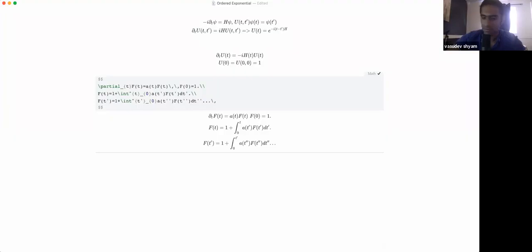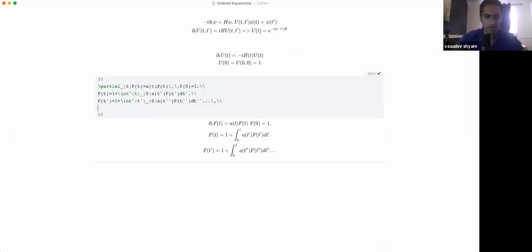So let's put these steps together. I'll start slow so that we get a sense for where we're going. f of t equals 1 plus the integral from 0 to t. I don't like the primes because you just have to proliferate them.